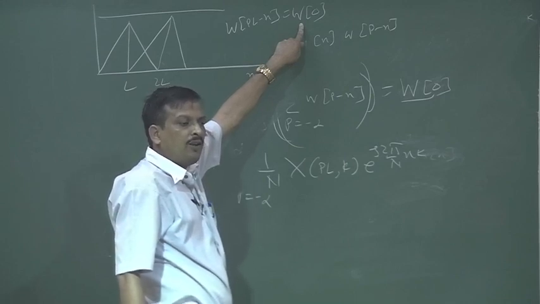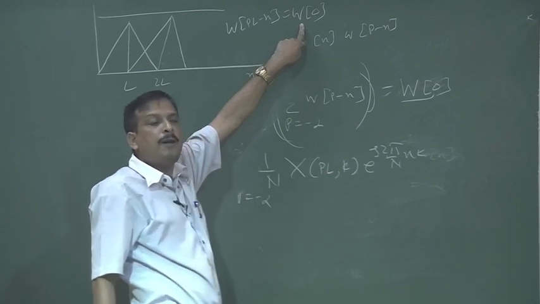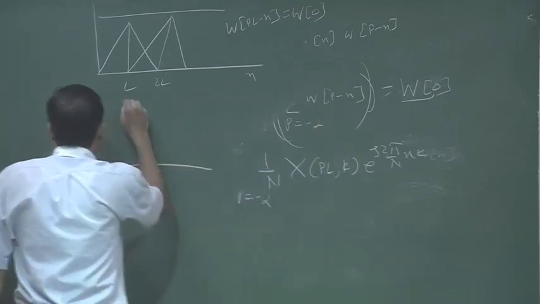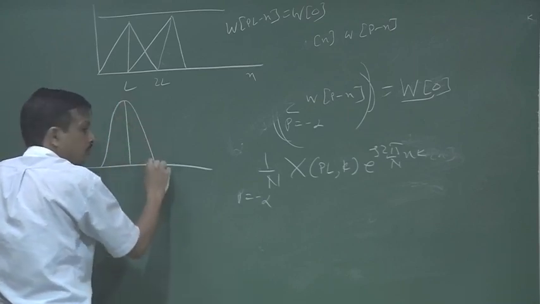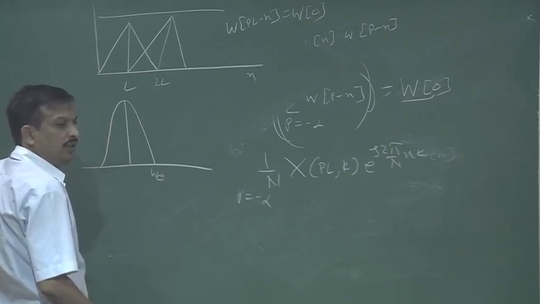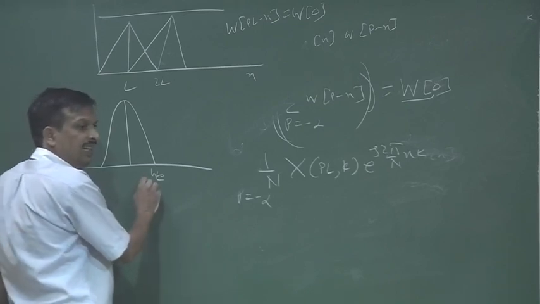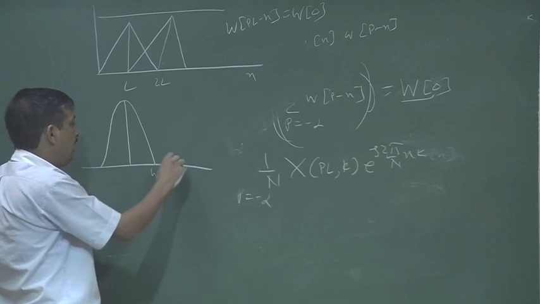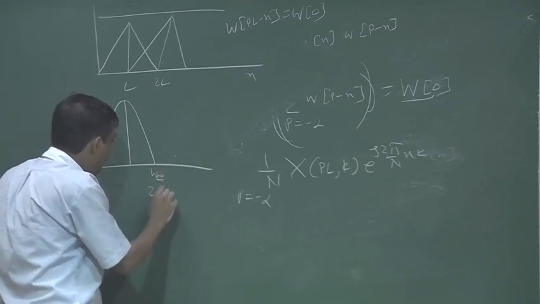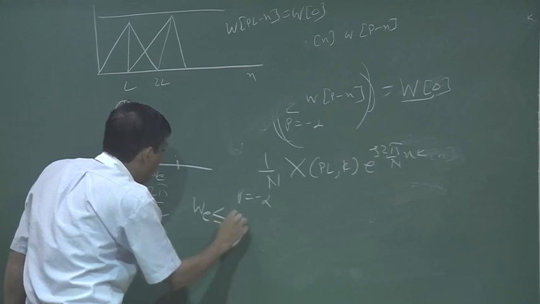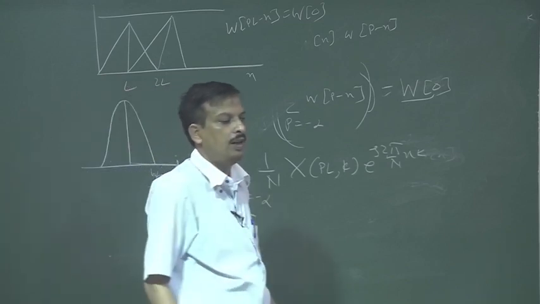In the OLA method, it is shown that this constraint is satisfied for all finite bandwidth analysis windows whose maximum frequency is less than 2 pi by L. If this is my analysis window and this is omega c, then this omega c, the maximum frequency, must be less than or equal to 2 pi by L.